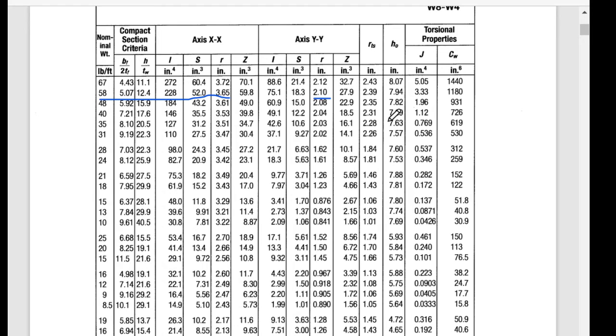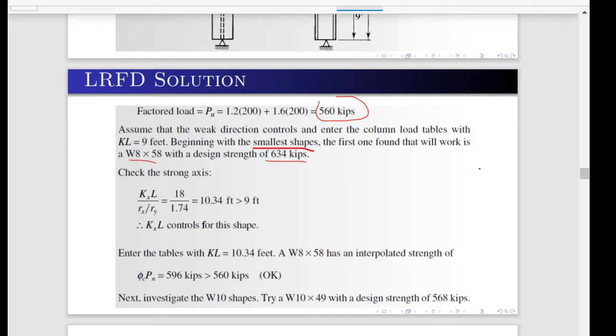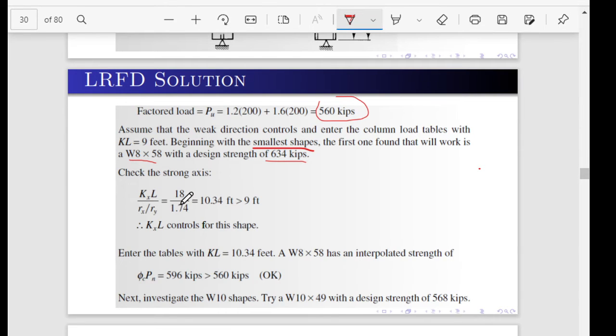So the ratio of that, 3.65 divided by 2.1, is 1.738, or in this example 1.74. Check the strong axis.